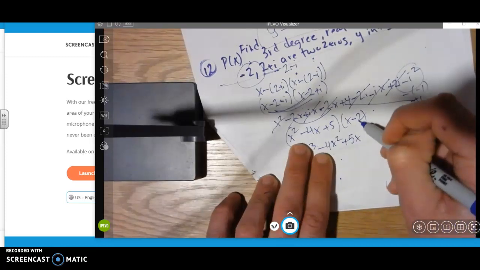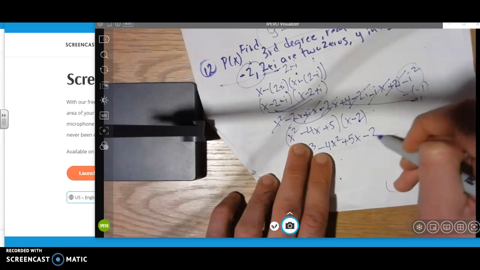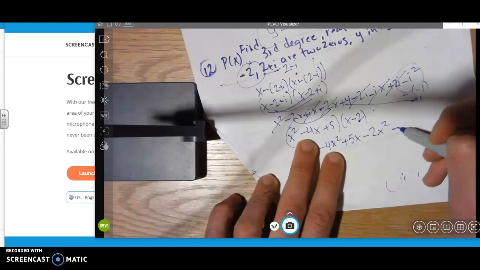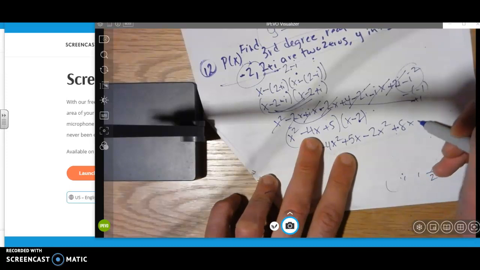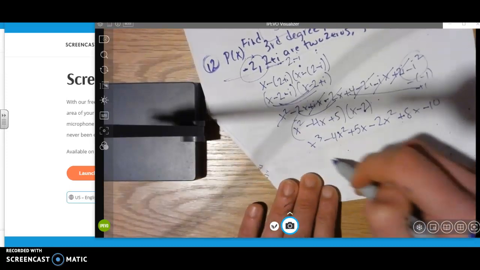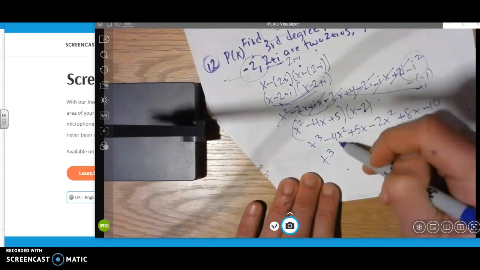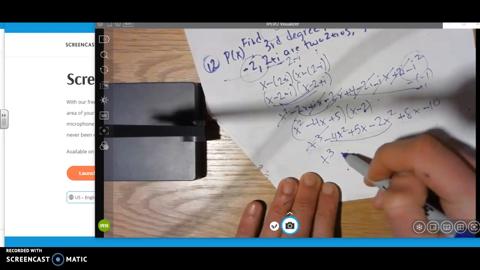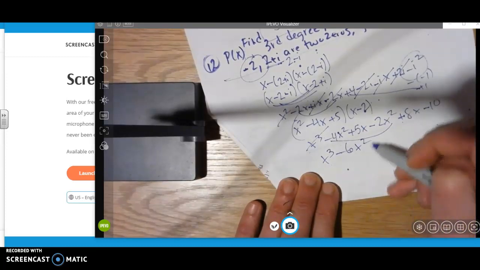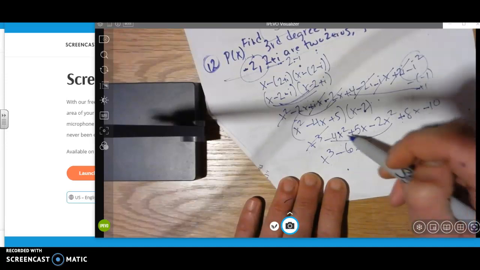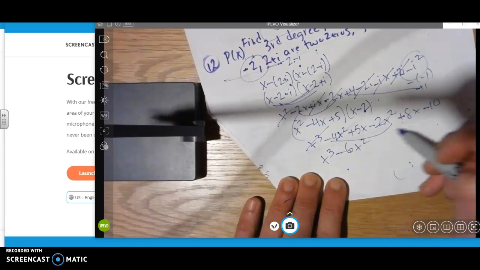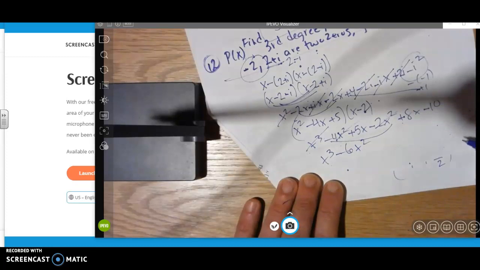Now I distribute the negative 2: minus 2x squared plus 8x and minus 10. And I simplify any terms I can, so I have x to the third, and then minus 6x squared. To get there, was that plus 5x?